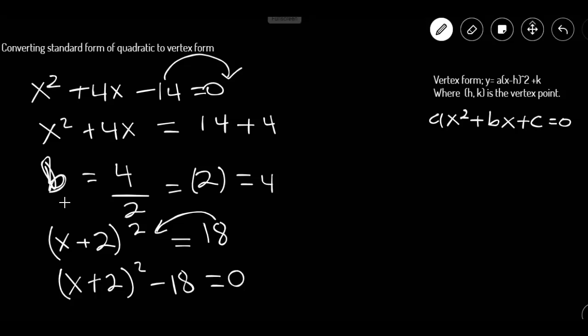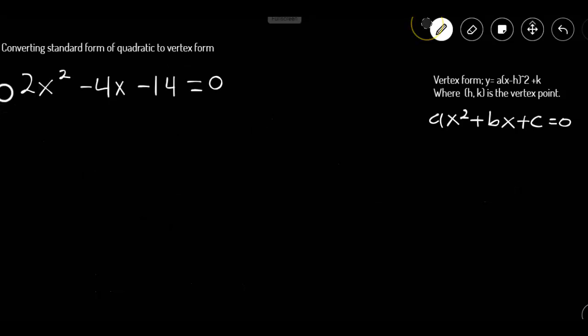And then the vertex point will be the opposite of whatever is here, so it's positive, so it's going to be negative 2, and here is negative 18. The way you see it, that's how you get the y coordinate, and we are done. All right, our next example, we have 2x squared minus 4x minus 14 equals 0. We want to convert this standard form into the vertex form here.